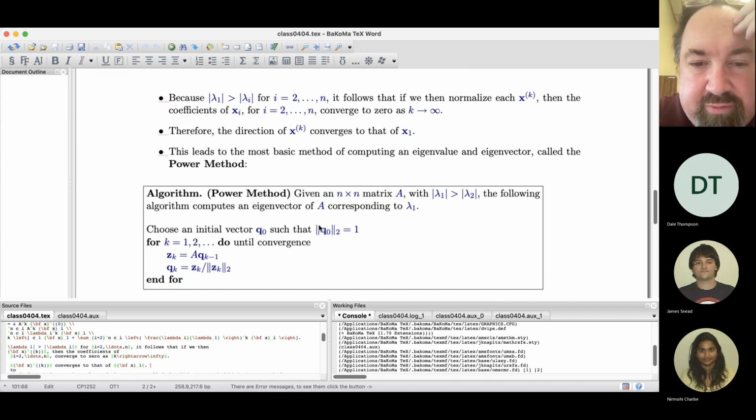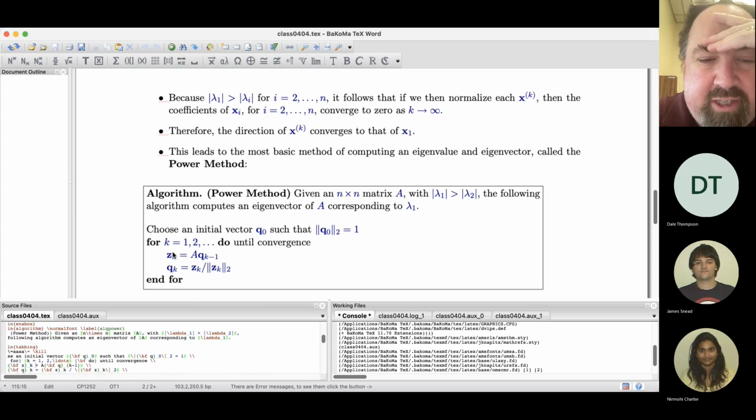We choose some unit vector as our initial guess. Then we multiply by A. Now, if the largest eigenvalue of A is larger in magnitude than 1, then multiplying by A would lead to a vector growing in magnitude. Eventually, you might risk overflow or something. So what we do during each iteration is we normalize the vector that we get, because we really only care about the direction in which it's pointing.